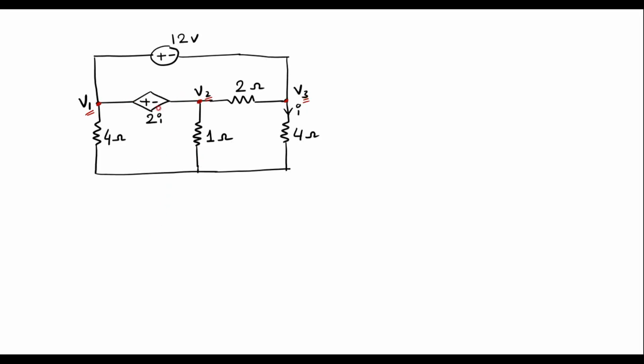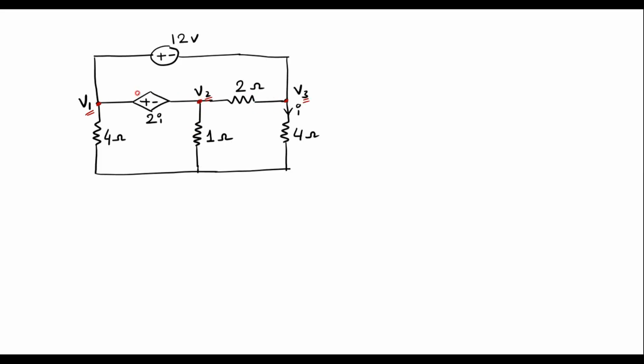Here we can observe that in between V1 and V2 there is a voltage source. This is a current dependent voltage source. It is dependent on current I, and I is the current which flows through the 4 ohm resistor. Since the voltage source is connected between V1 and V2 directly, we can say that V1 and V2 are supernodes.